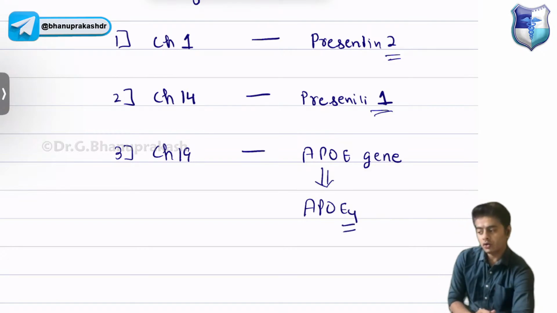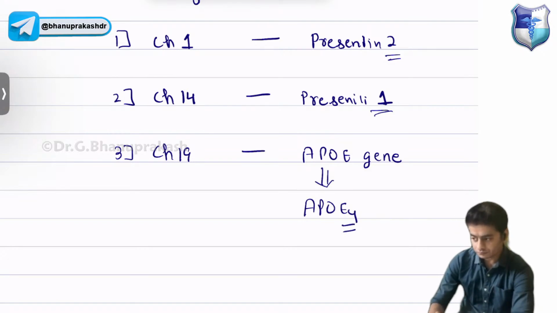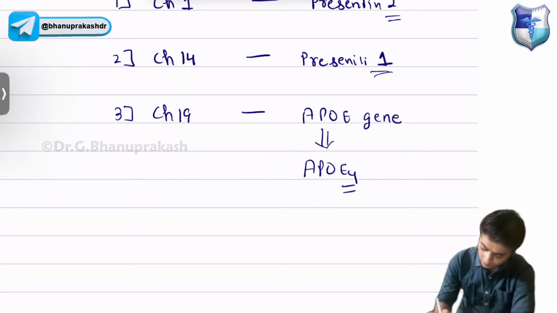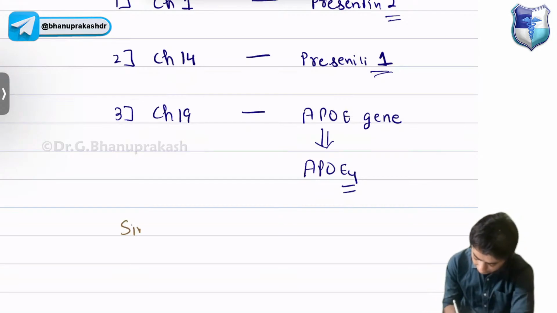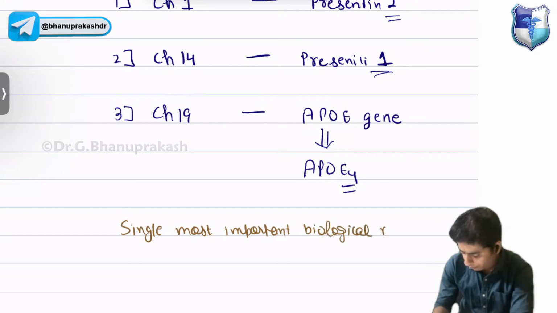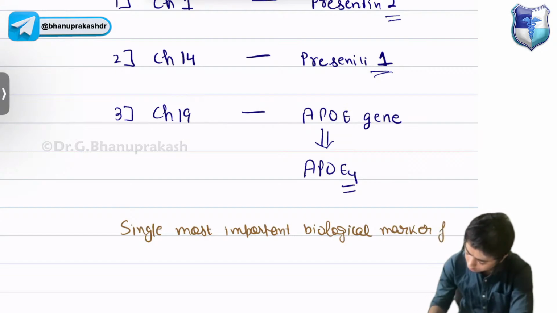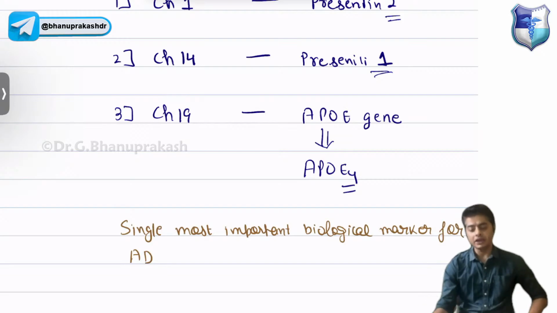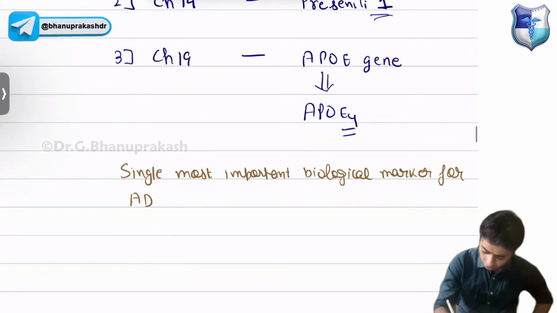This is your ApoE 4, and it is the single most important biological marker for Alzheimer disease. ठीक है?